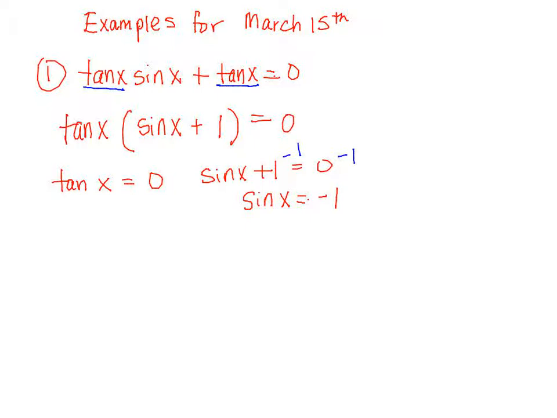So tangent has a value of 0 where? At 0 and at pi. So if it has a value of 0 at 0, it also has a value of 0 at 2 pi. Sine has a value of -1 at 3 pi over 2.